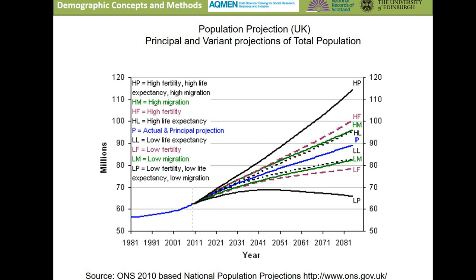So quite a large area of uncertainty if we use different but perhaps plausible assumptions of fertility, mortality and migration, and one can see the principal projection somewhere in the middle, projecting an increase from around 70 million in 2020 to around 90 million in 2081.